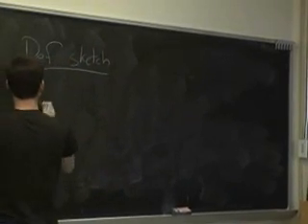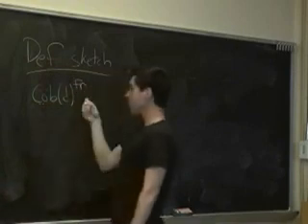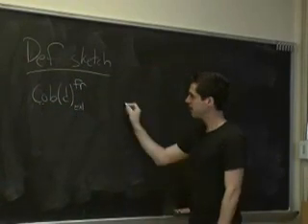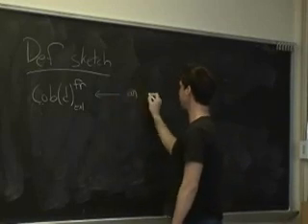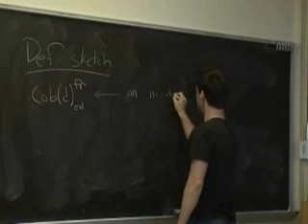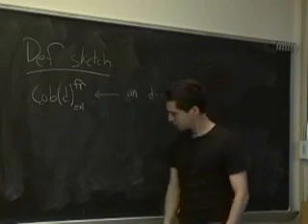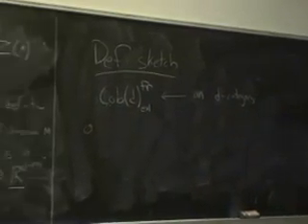I'm going to define something which I'm going to call Cob_d^fr for framed, and ext for extended. So this is going to be an example of a d category. I'm not going to tell you exactly today what a d category is.